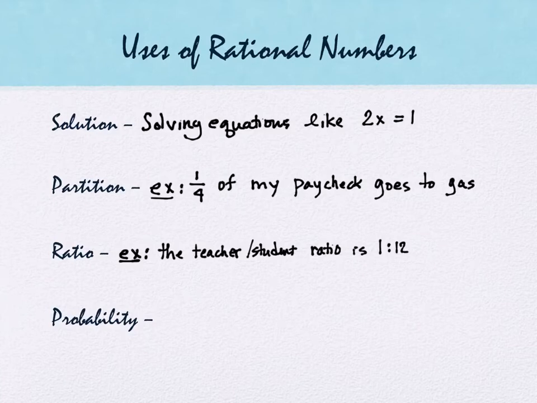It's how many teachers there are per students. In fact, if you go out and look on college websites, that's usually a point of benefit at a small college. They'll say something like the teacher-student ratio or the student-teacher ratio, depending on how they describe it, is 1 to 14. For every 14 students on campus, there's one faculty member.